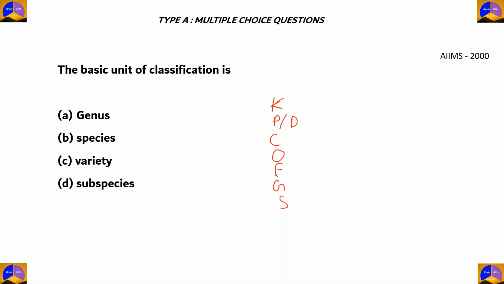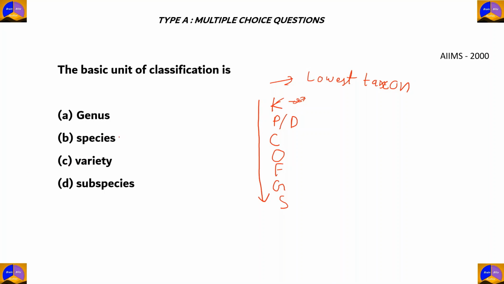Now, the basic unit of classification will refer to the lowest taxon in this list. Therefore, over here, kingdom is the highest, and we go downwards until we reach species, which is the lowest unit of classification.